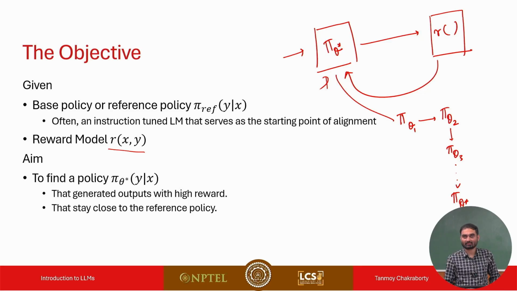And of course, pi theta star would be much better than pi theta 1, pi theta 2 in terms of reward maximization, which is the only objective that we discussed so far. It may happen that this model will start producing responses which would just get maximum reward, but which may not look like a human generated response. So many emoticons, or the answer may not be precise, may not be faithful, stuff like that, right?